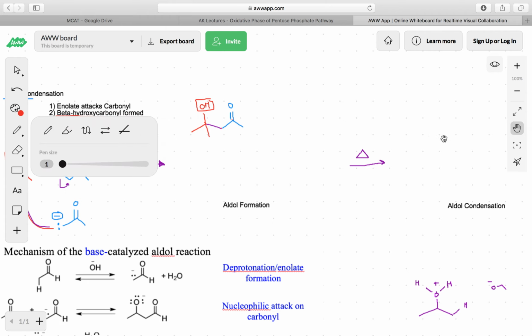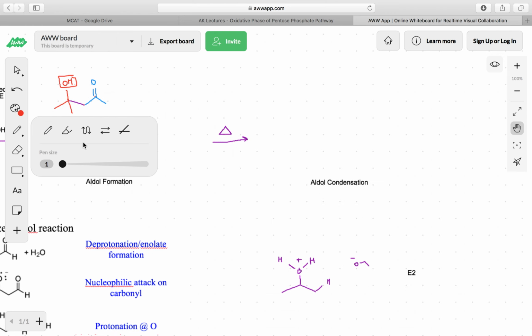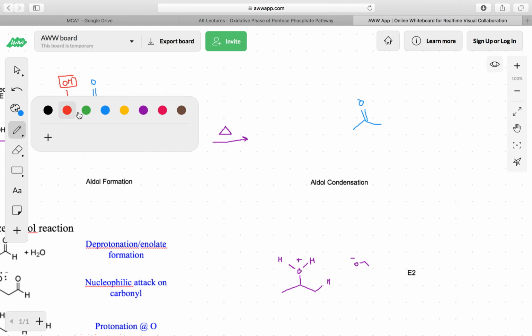So let's draw what that looks like over here. So what happened here was we took out this OH and we took out this hydrogen.